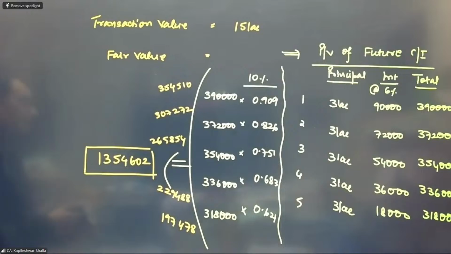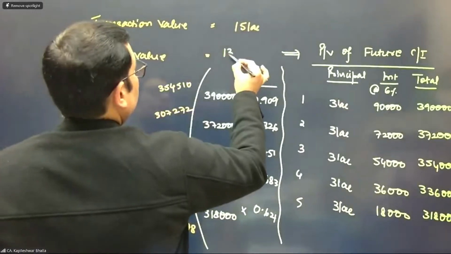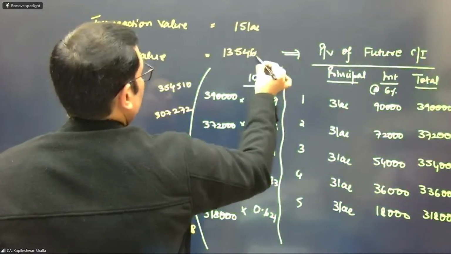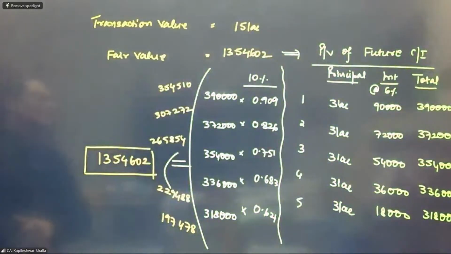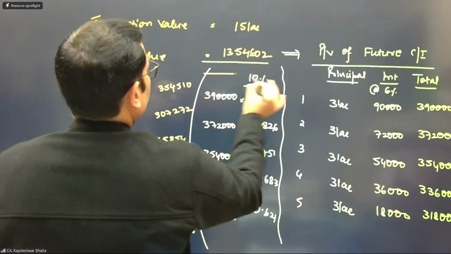So this is working out at 13,54,602 is the present value. So this is the fair value, which is 13,54,602. Just see whether this is correct. So that gives me the fair value, and we can now proceed.